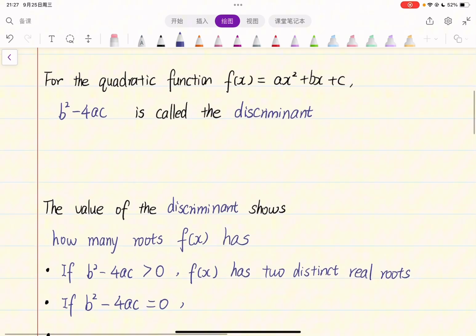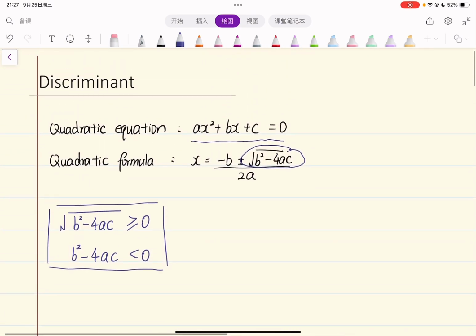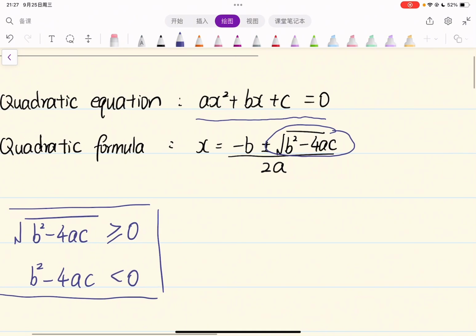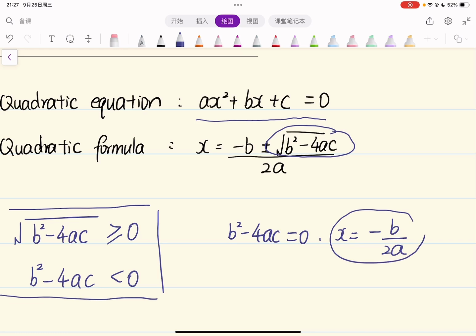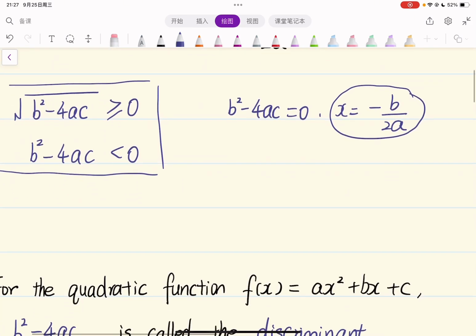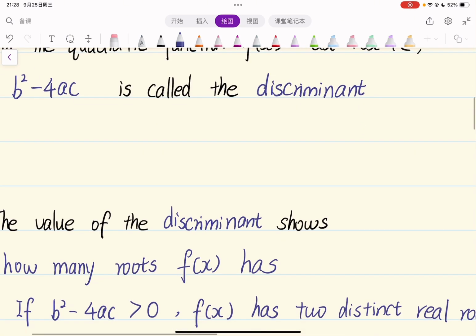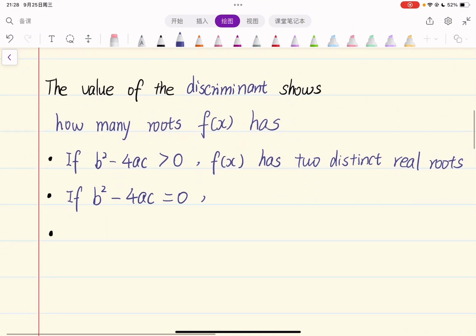Let's look at the quadratic formula. If b squared minus 4ac equals 0, then x equals minus b over 2a. So we only have one root, which means if b squared minus 4ac equals 0, f(x) has one repeated root.